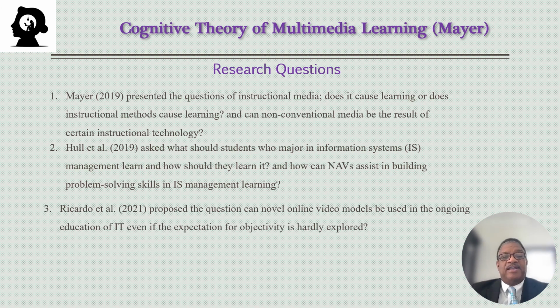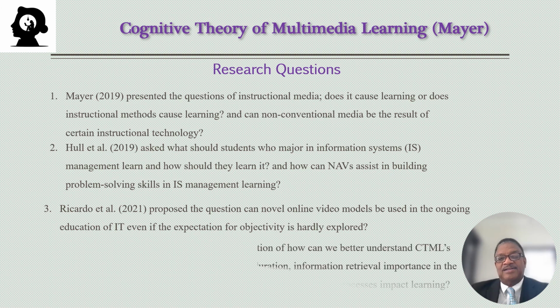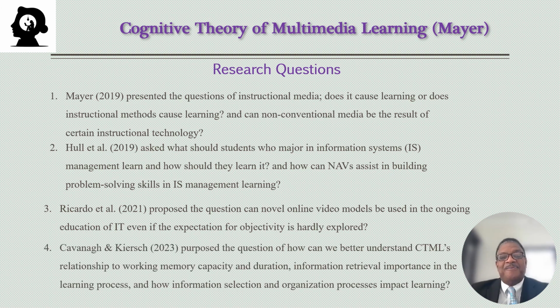Then Ricardo and his team proposed the question: can novel online video models be used in ongoing education of IT, even if the expectation for objectivity is hardly explored? Some interesting questions, huh?